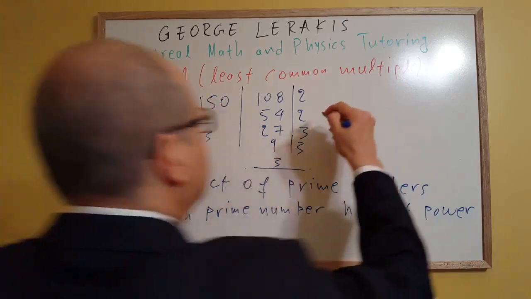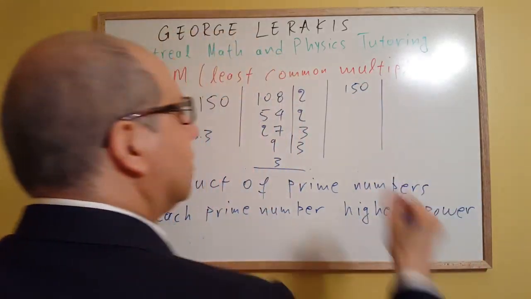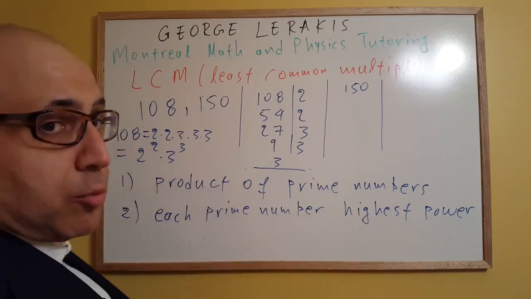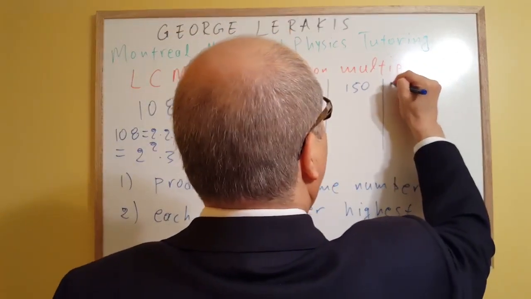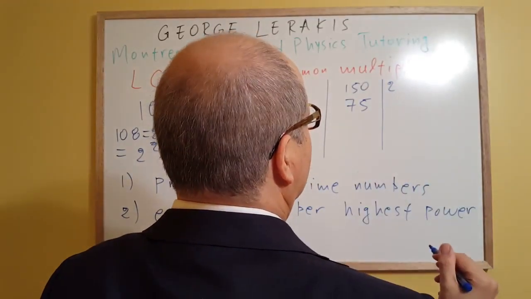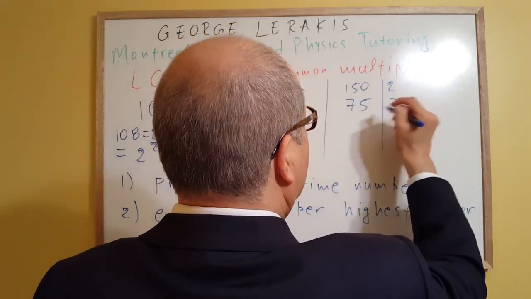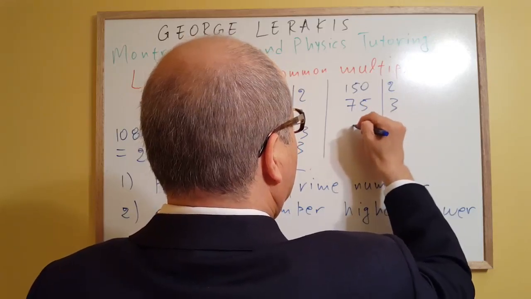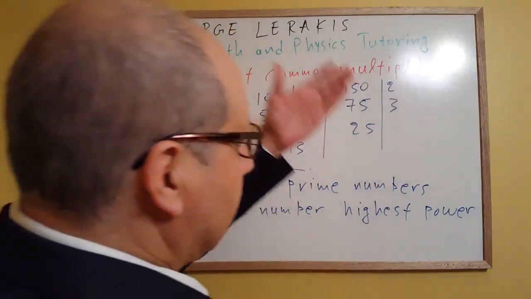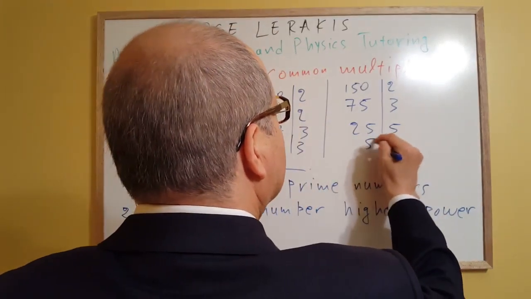Now we'll go to the next number, which is 150. Again, the same process, applying step number 1. 150 is divisible, of course, by 2 and gives us 75. 75 is not divisible anymore by 2, but it's divisible by 3, and gives us 25. 25 is not divisible by 2, not divisible by 3, but it is divisible by 5, and it gives us 5.